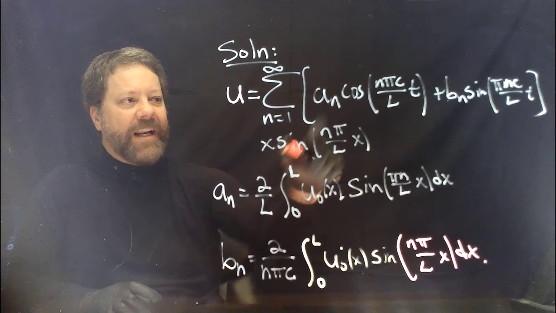Between 1/10 and 1, the function takes a slightly different form. The function is going to be 1/9 times 1 minus x, and of course that's between 1/10 and 1.